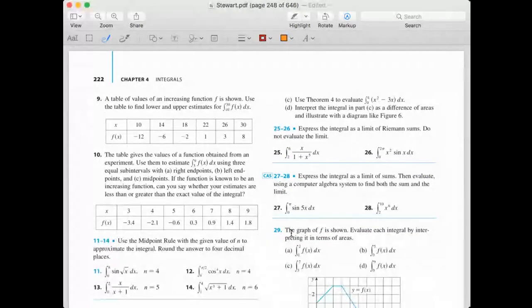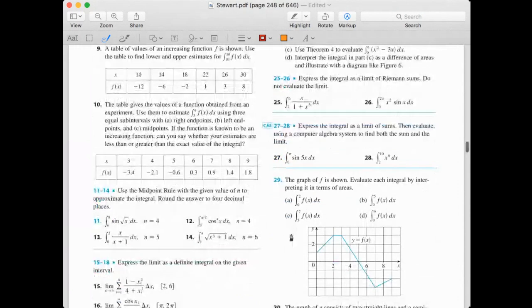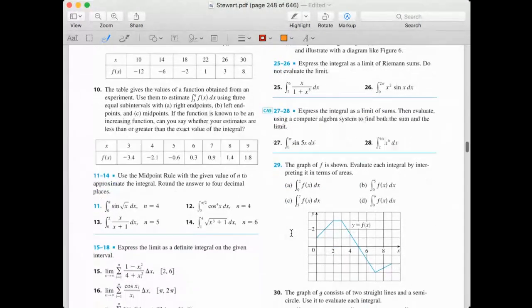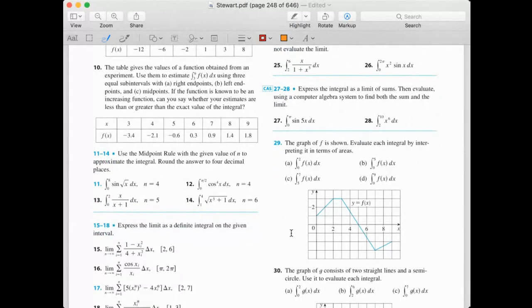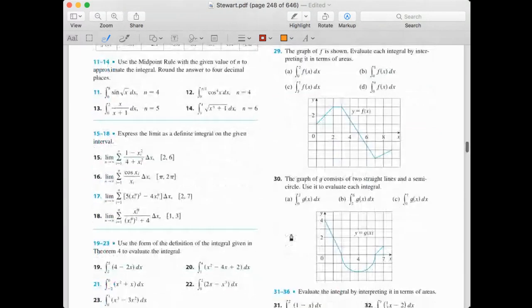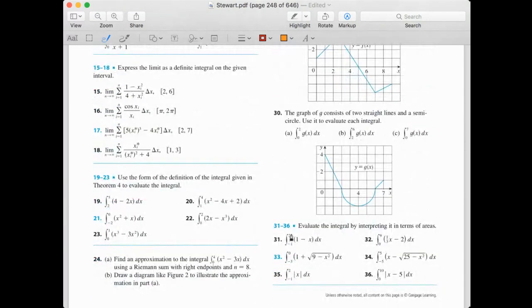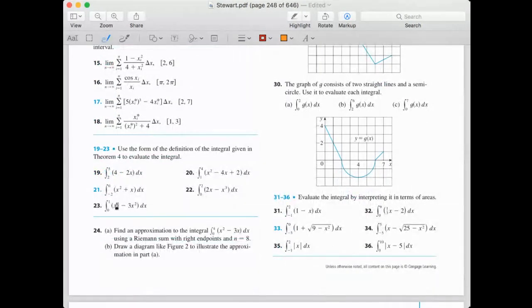Let's see. Express the integral as the limit of Riemann sum. Okay, let's try a couple of them.